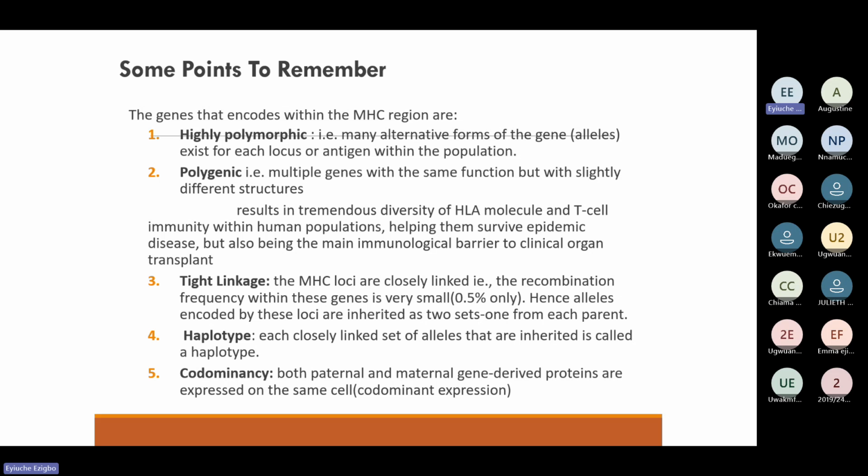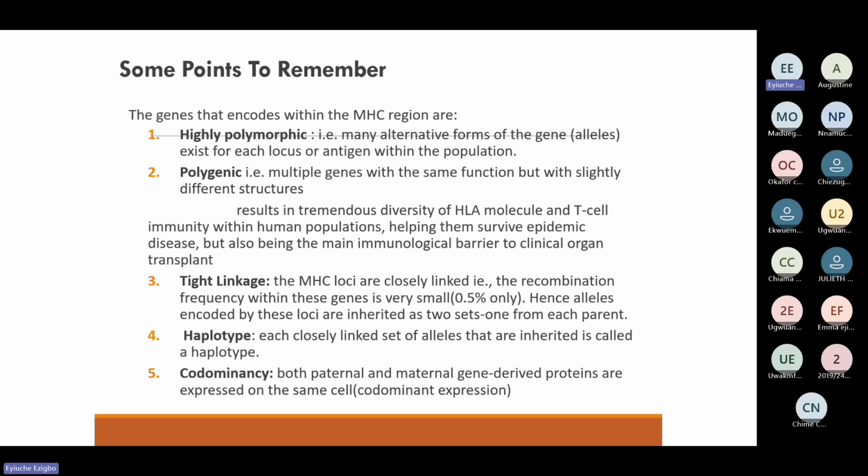Codominance: both paternal and maternal gene-derived proteins are expressed by the same cells in the offspring. So there is no recessiveness of the MHC genes. Each gene you inherit from your father, you express it. Each gene you inherit from your mother, you express it.